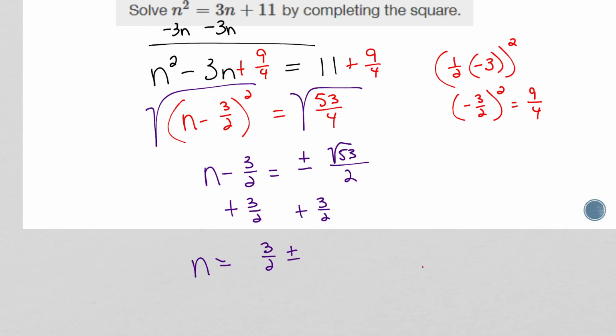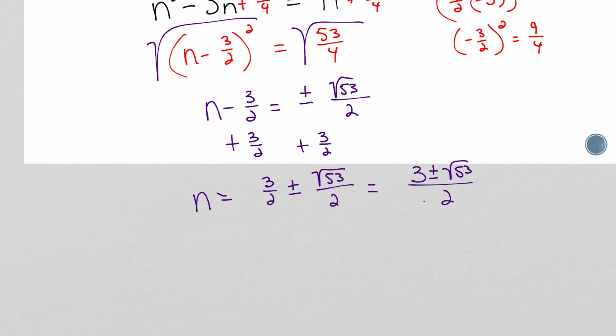This is just the short way to write it. You could write it out if you want. Square root of 53/2. Or you could write it like this, since they have a common denominator. Or, because notice this actually is two answers, you could write it out as separate answers.